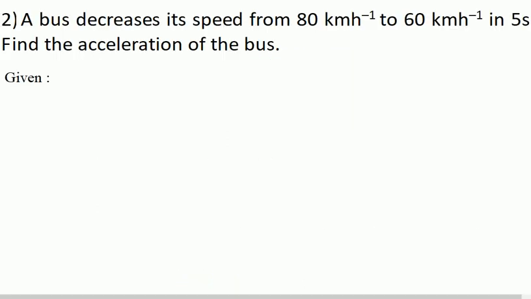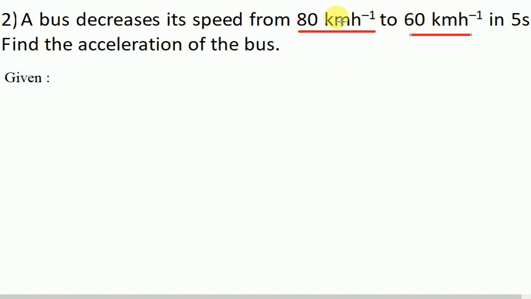First, we will mark the keywords here. A bus decreases its speed. So the speed it was traveling initially was 80 km per hour. As kilometer per hour is a unit for speed or velocity, we'll consider this as velocity. It changes the speed from 80 km per hour to 60 km per hour.